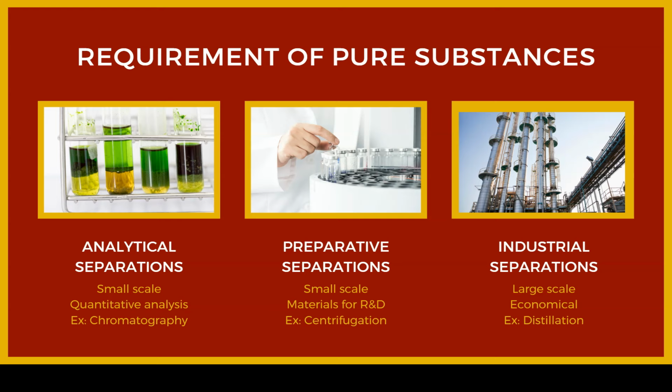As for large scale, such as in industrial separation, we have columns to distillate and to get the substance that we require. So, from small scale to large scale, there are needs and requirements for a pure substance.